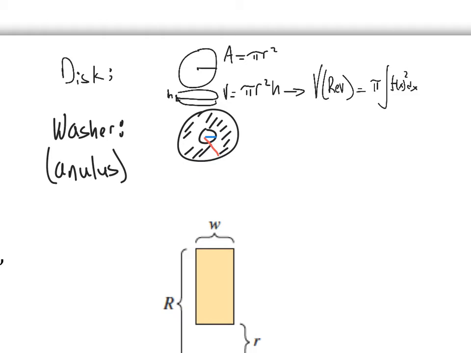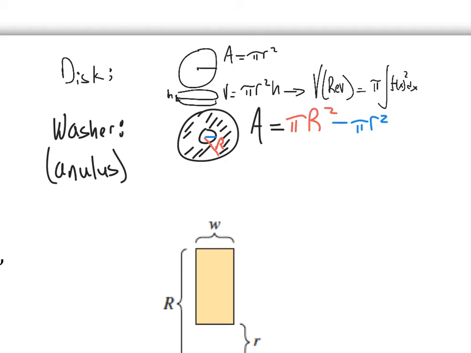And so the area of this annulus would be pi times the big R squared, we'll call that big R, and we would subtract pi times the little r squared. See that?